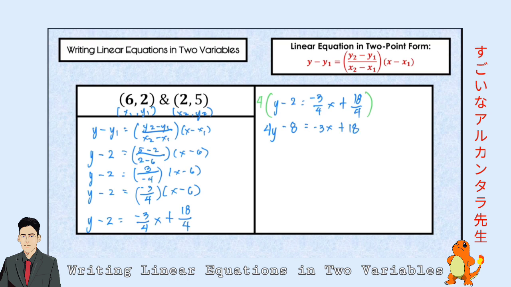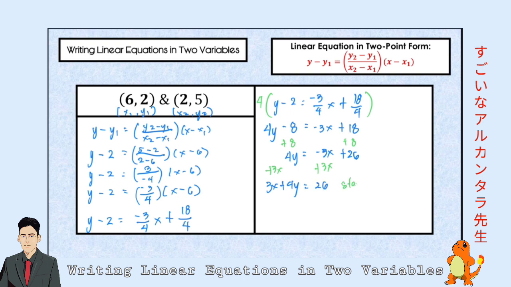And that's it. Now what we're going to do is add 8 to both sides first. So you're going to have 4y on the left, negative 3x plus 26. Then add 3x to both sides so that you can have it in standard form. You will have 3x plus 4y is equal to 26.